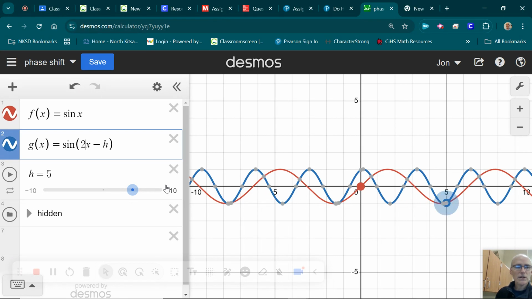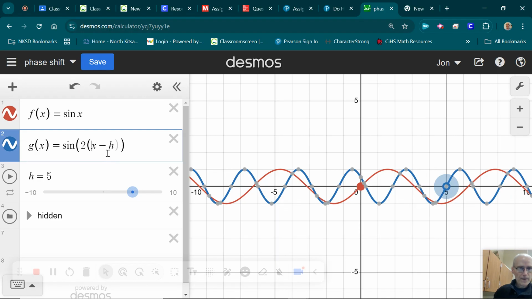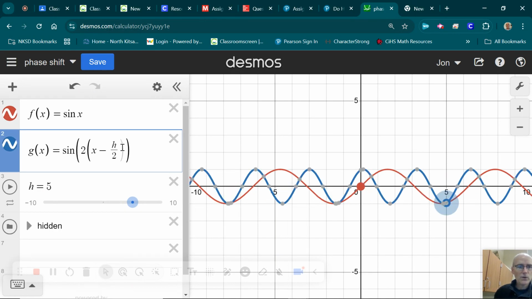So it's really tough to see what happened here. So what I want to do is factor the 2 out of this set of parentheses. So if I put a parenthesis right here, and then this would have to now be h divided by 2 in order to distribute this through and end up right back to where we were before. You can see that point didn't move anywhere, right?